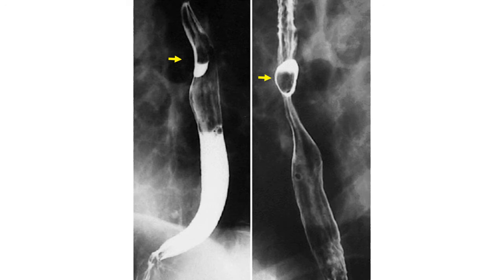The contrast medium is also filling the small pouching that is marked with the yellow arrow, and this outpouching is formed through a weak point in the muscular wall, typically between the constrictor muscle and the upper esophagus, or through the muscularis just above the diaphragm.